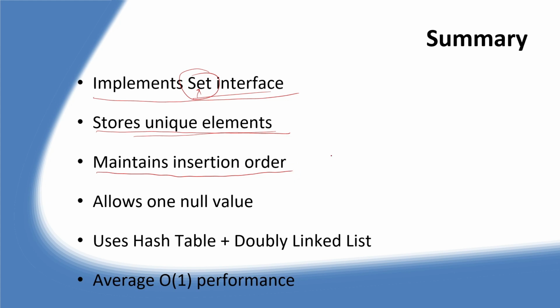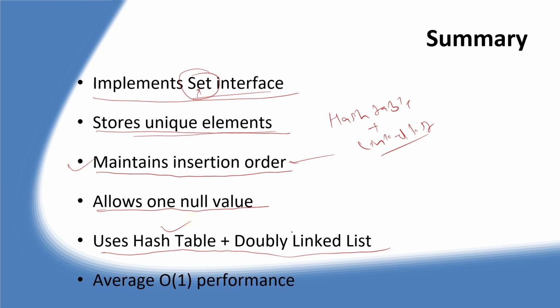Because the internal data structure it is using is hash table and linked list. Since linked list maintains the insertion order, LinkedHashSet gets this feature. It allows only one null value. The internal data structure being used is hash table and doubly linked list. And we have seen the time complexity is O(1) on average.